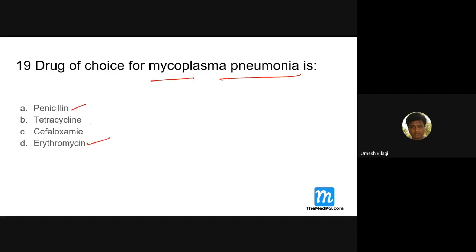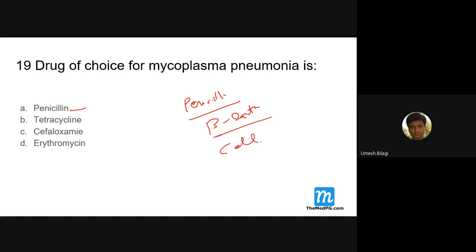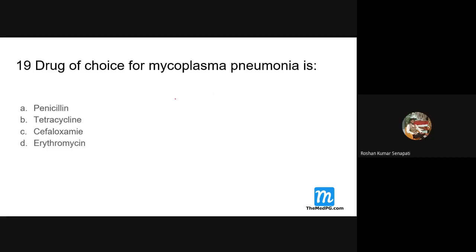Why not penicillin? Penicillin is a beta-lactam. What is the action of beta-lactam? It acts on the cell wall, cell wall synthesis inhibitors. Which are beta-lactams? Penicillins and cephalosporins. They act on cell wall synthesis.